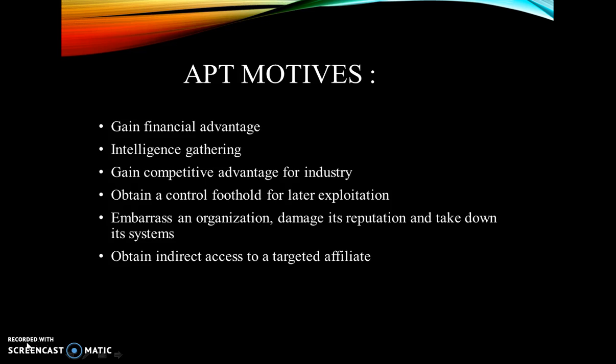These motives mainly include gaining financial advantage, intelligence gathering, gaining competitive advantage for industry, obtaining a control foothold for later exploitation, embarrassing an organization, damaging its reputation, and taking down its systems. Another motive is obtaining indirect access to the target's affiliates.